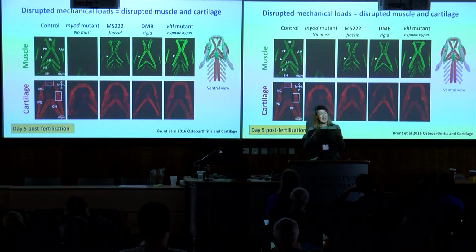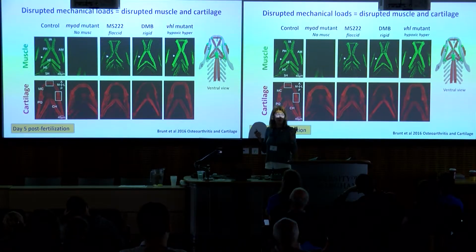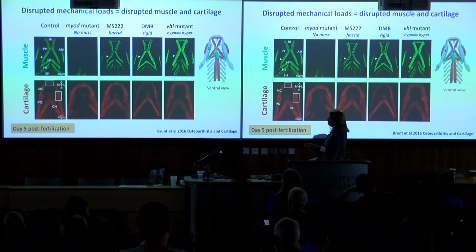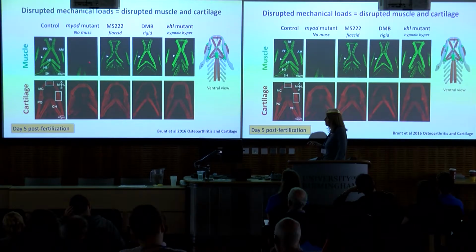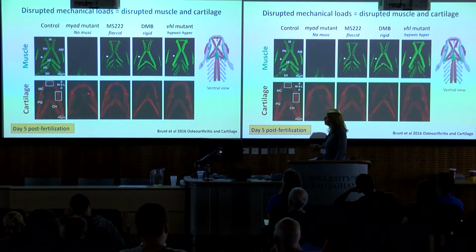So what does that mechanical loading then do to the muscles and the cartilage? Well, it disrupts them, it messes them up. So here's the muscles, and we're looking in ventral view at our fish. And you can see I've put this little schematic here. And then here's the cartilage as well. So here's our mutant that doesn't have any muscle, and indeed it lacks muscle. And you can see its cartilages are a very different shape.